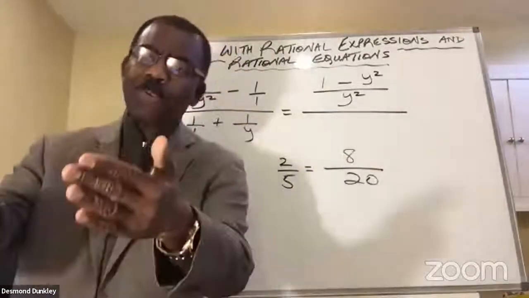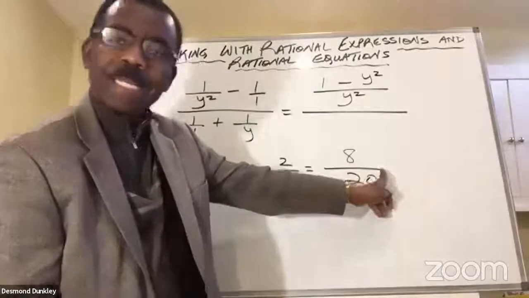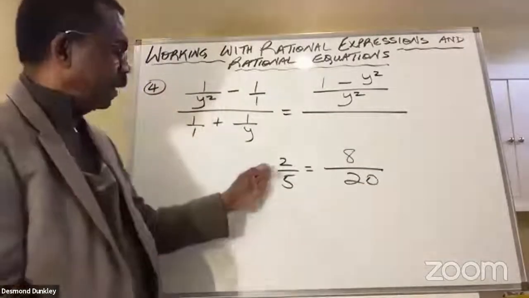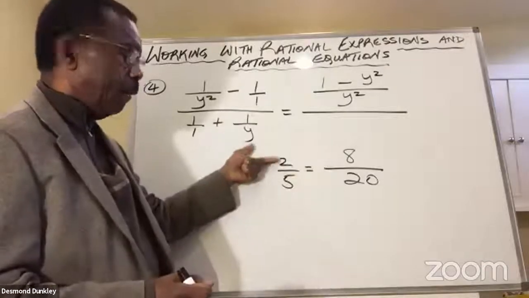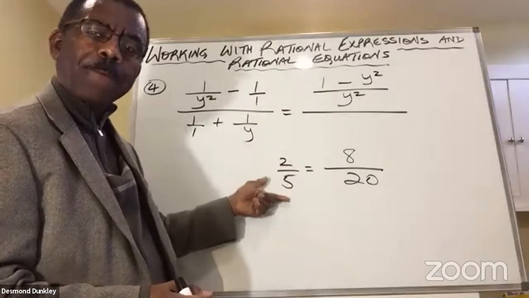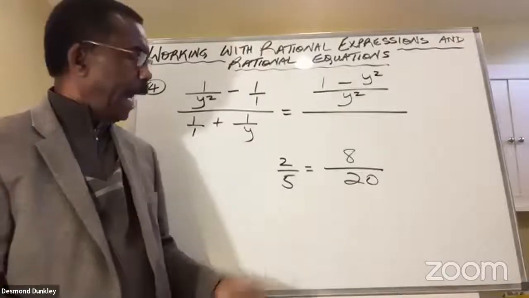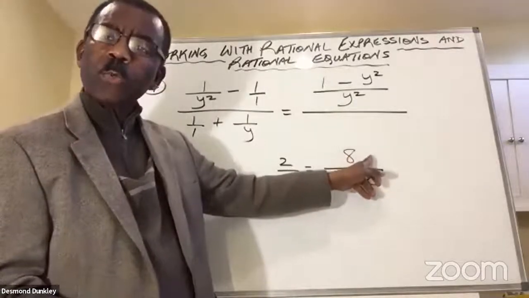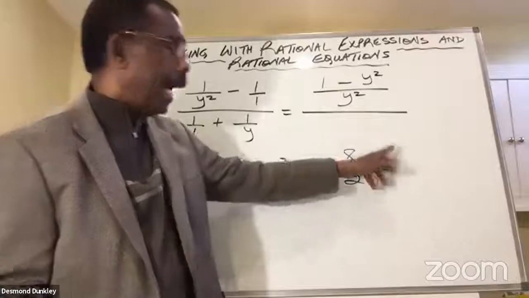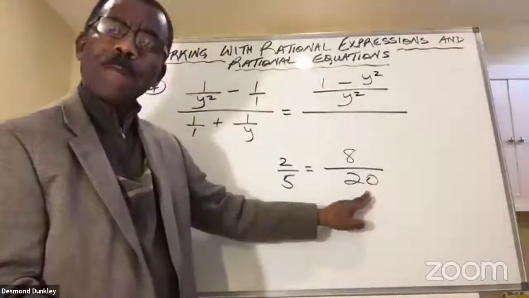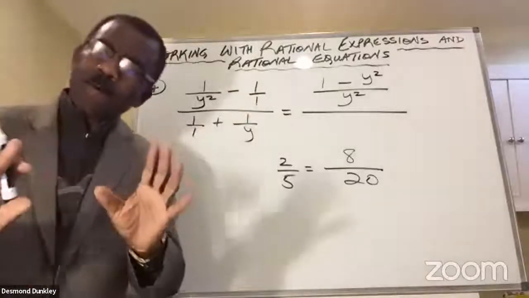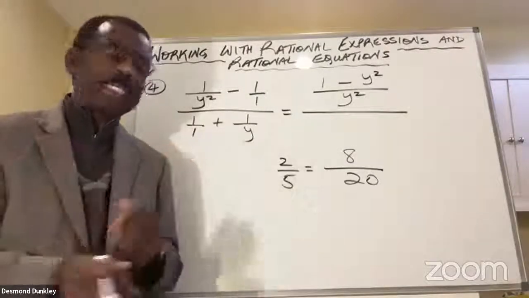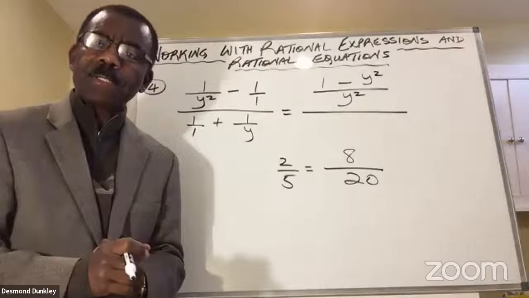So I'm saying to you that this fraction is equivalent to that fraction. Why? Because all I did was multiply the top by 4 and the bottom by 4, so it's an equal fraction. I could now reduce this by dividing the top by 4, I get 2, and dividing the bottom by 4, I get 5. 2/5. And that's perfectly allowed. These are called equivalent fractions.